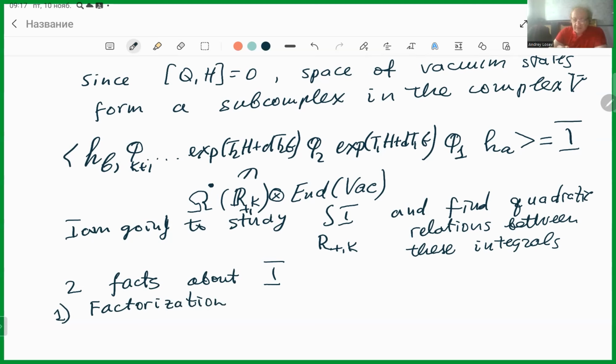What does factorization mean? Let's say T2 goes to infinity. Then e to the T2 H goes to the projection.